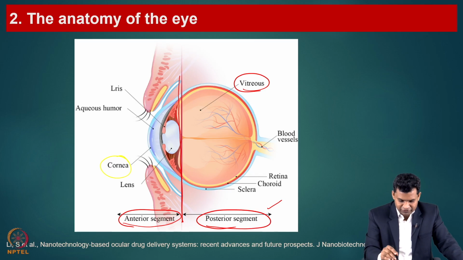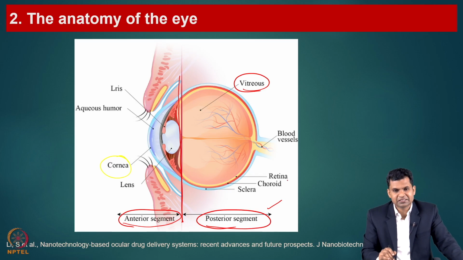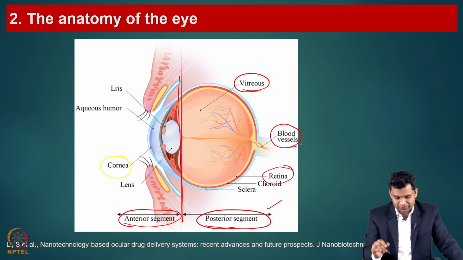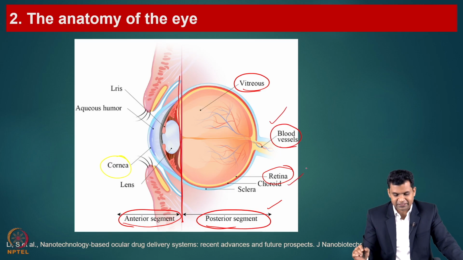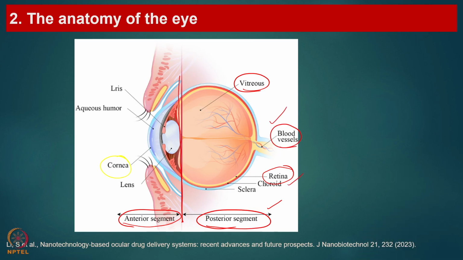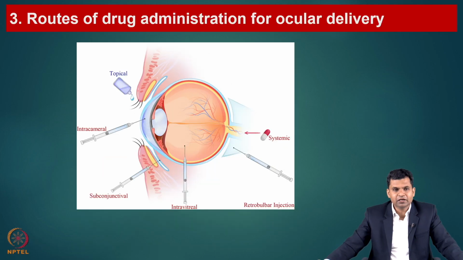With that, we can also target various locations of the posterior segment, namely the blood vessels and the retina. Such diseases need to be targeted at the posterior segment. So, this is the anatomy, and now we will see routes of administration for ocular delivery.